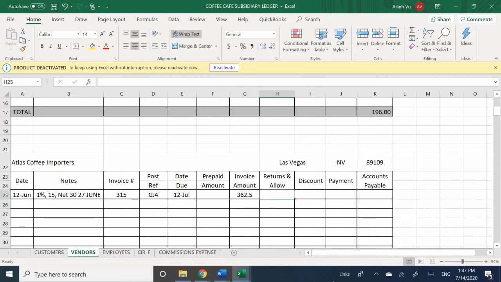Because we didn't pay, if you put the formula in here, it's going to be your invoice amount, subtract any prepaid, subtract any returns and allowances, subtract any discounts, and lastly, subtract any payments, which should give you a total amount of $362.50 that you owe.